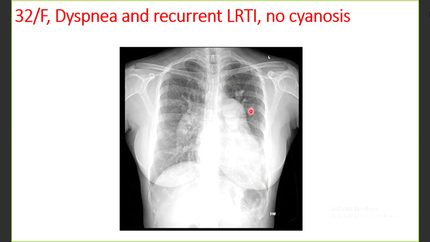However, there is increased pulmonary vascularity, and you can even follow the pulmonary vasculature into the distal 1/3 of the lung parenchyma. So all these put together, with recurrent lower respiratory tract infection, after the clinical examination, we may conclude that this X-ray belongs to a patient with a pre-tricuspid significant shunt, more than 2:1, and increased pulmonary blood flow or pulmonary plethora, and no evidence of pulmonary hypertensive disease or pulmonary vaso-occlusive disease.